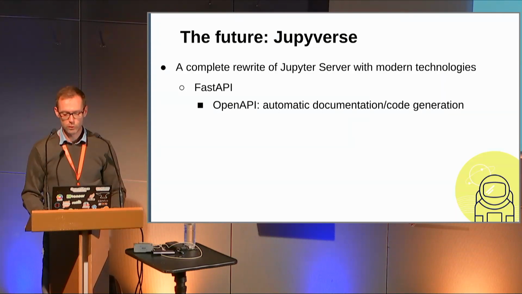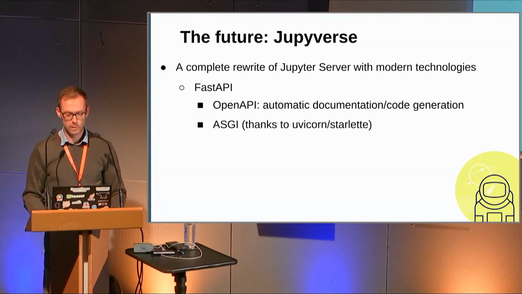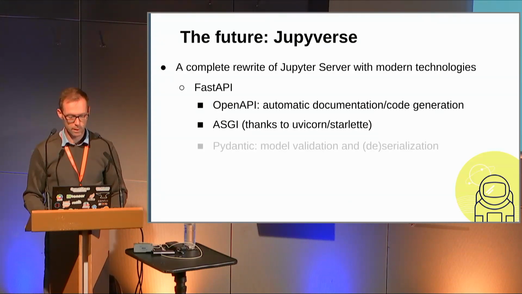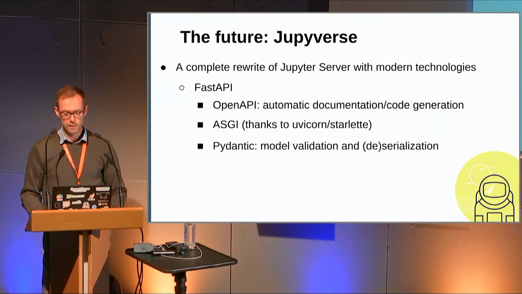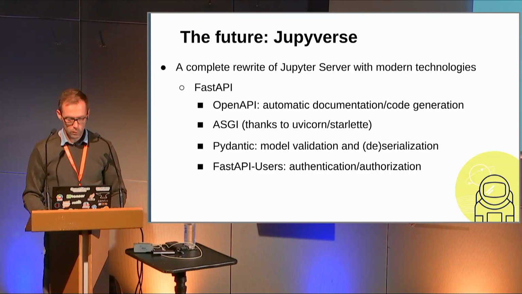We have automatic documentation and code generation. It respects the ASGI framework thanks to Uvicorn and Starlette. It uses Pydantic, so automatic model validation and deserialization. We use FastAPI Users, which is an extension to FastAPI for authentication and authorization. That opens a lot of possibilities.